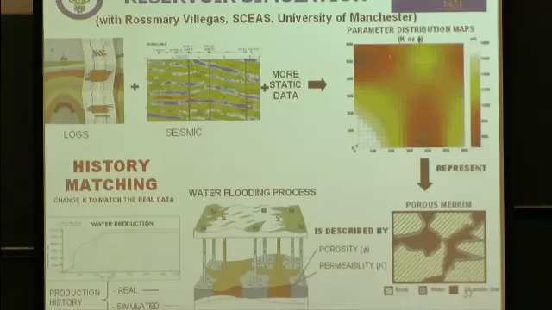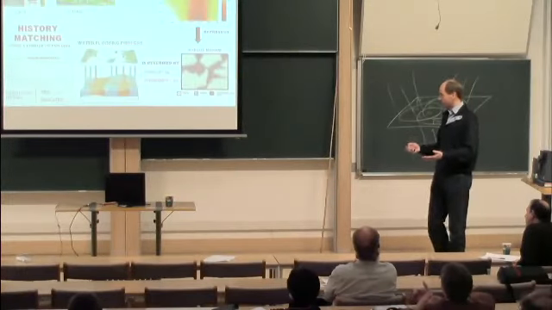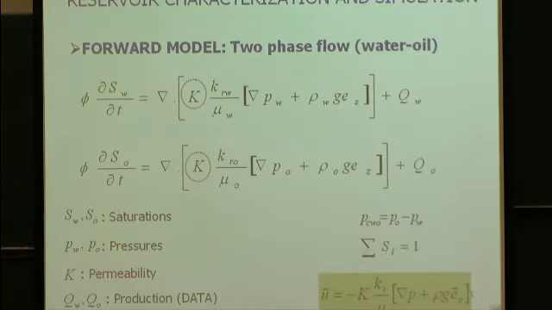Here you have four five-spot patterns. You have a porous medium. You inject water, and you want to extract oil. You have the history of the data, so of the water outflux, and you want to find the profile of the permeability. And you can just apply the same technique to this one, just changing formulas and equations.